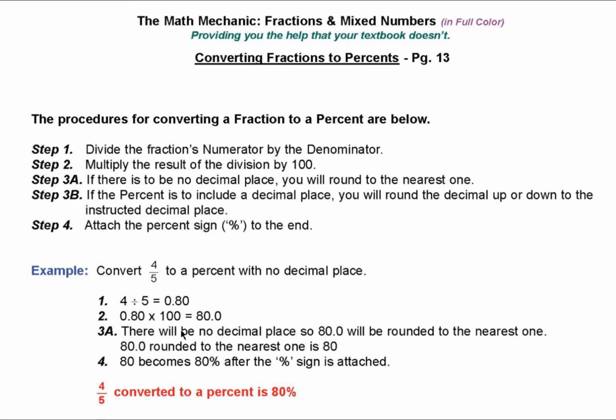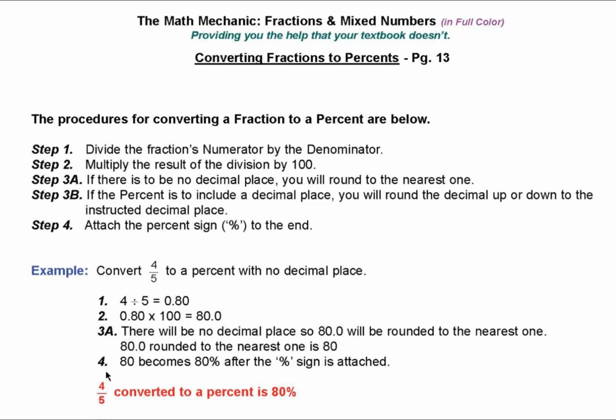Since there will be no decimal place, 80 will be rounded to the nearest one. 80 rounded to the nearest one is 80.